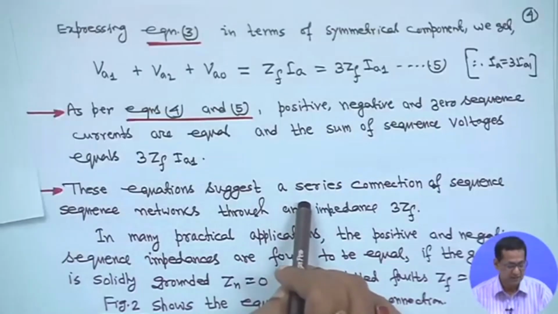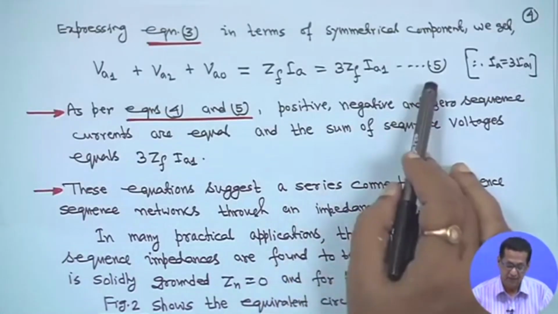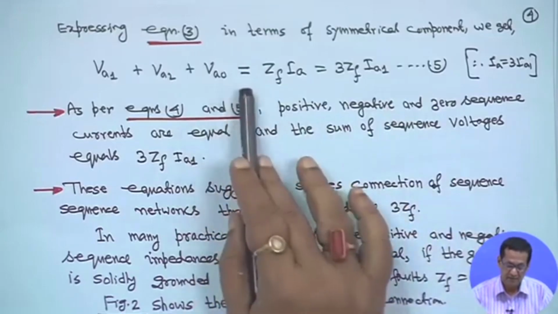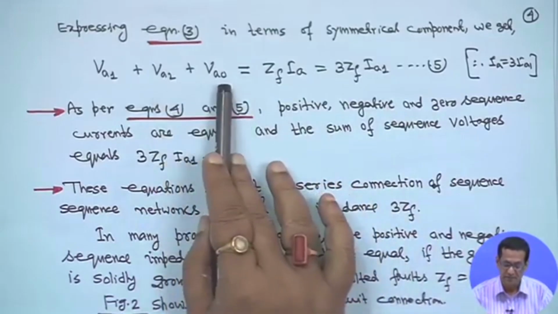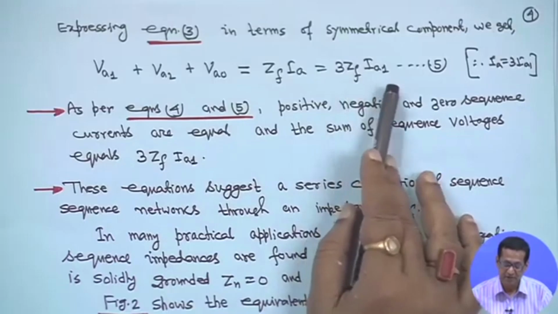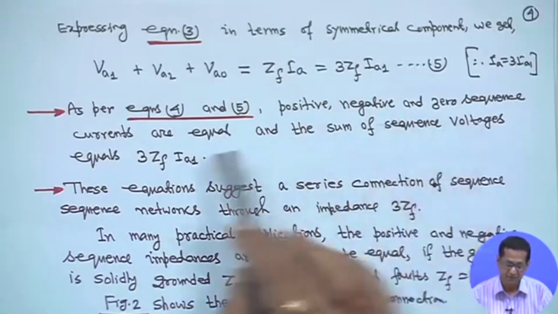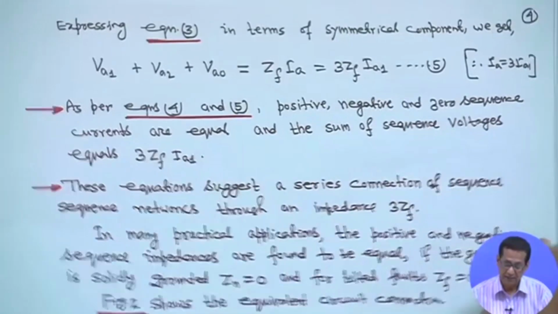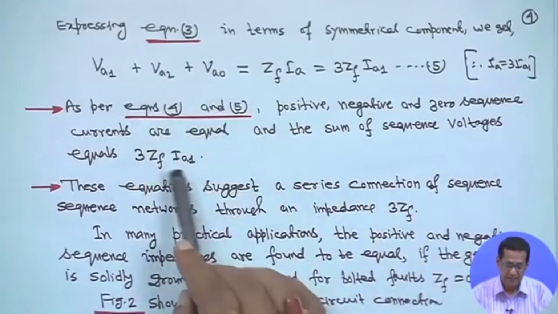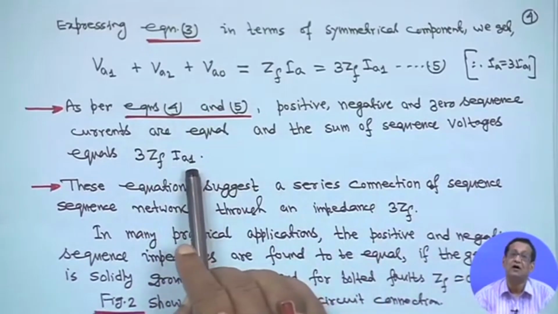That means equation 5: VA1 plus VA2 plus VA0 is 3 ZF into IA1. That means the positive, negative and zero sequence currents are equal, and the sum of the sequence voltages is equal to 3 ZF IA1.